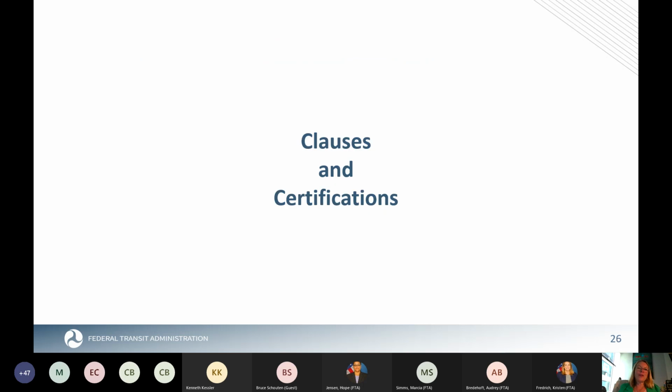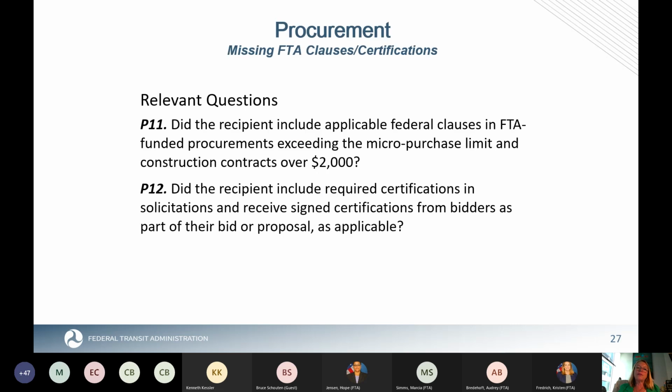All right, so next section, clauses and certifications. So this actually encompasses two questions of the PSR manual and the Quartat manual. Question 11: do you include applicable federal clauses in FTA funded procurements exceeding the micro purchase limit and construction contracts over $2,000?